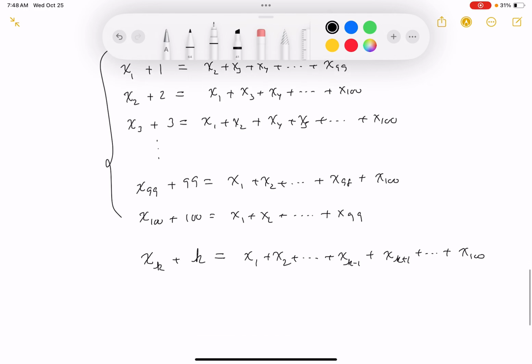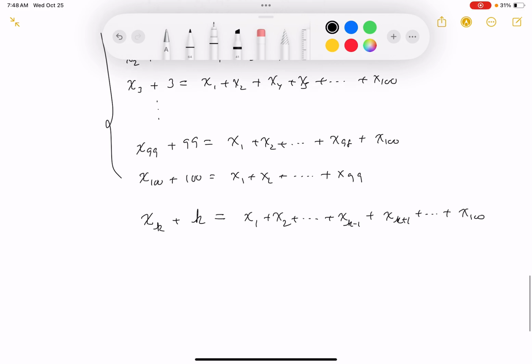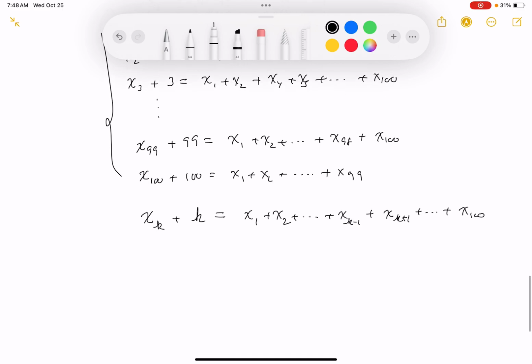So then I'm going to look at this over here, and I'm going to install the missing term. So you would have 2xk plus k would be x1 plus x2, and if I put the missing term in there, it's just going to go up to x100 if I put that in there. So that's an interesting thing to know, by the way.